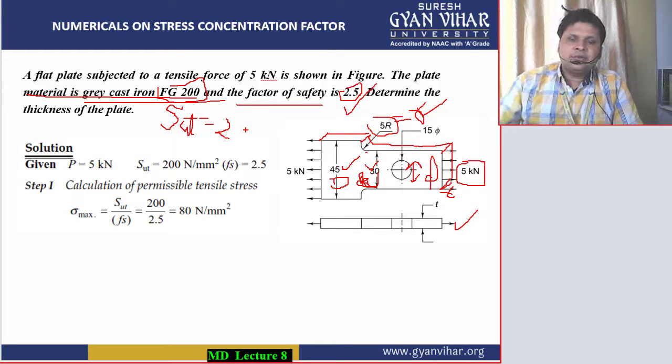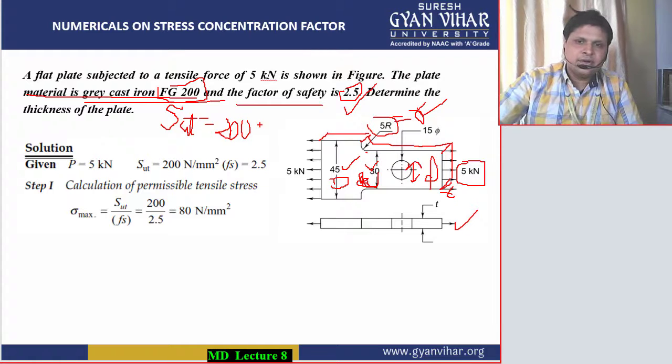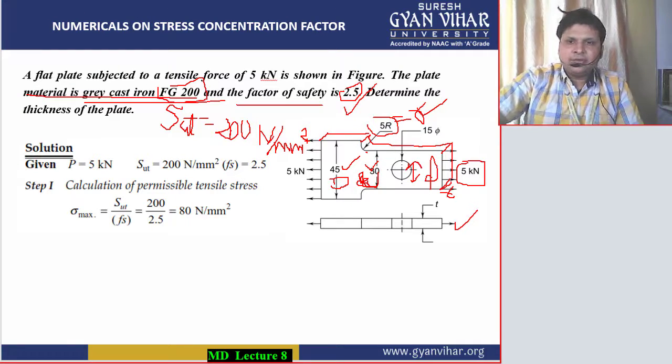So 200 Newton per mm square becomes its ultimate tensile strength, which we denote by SUT.